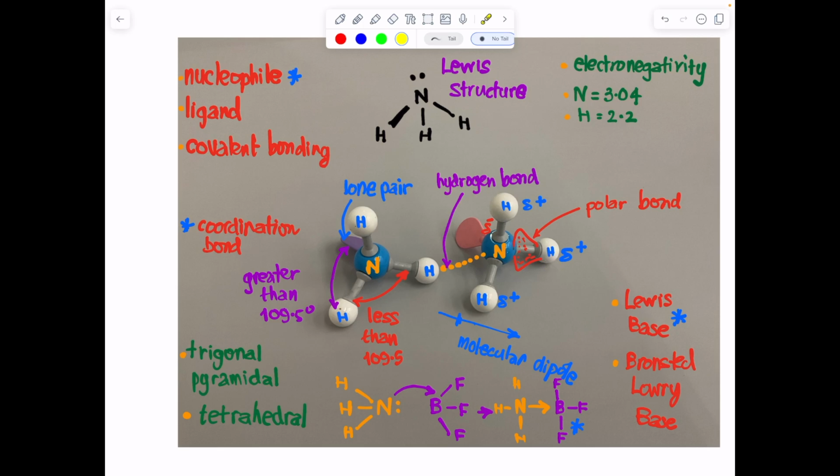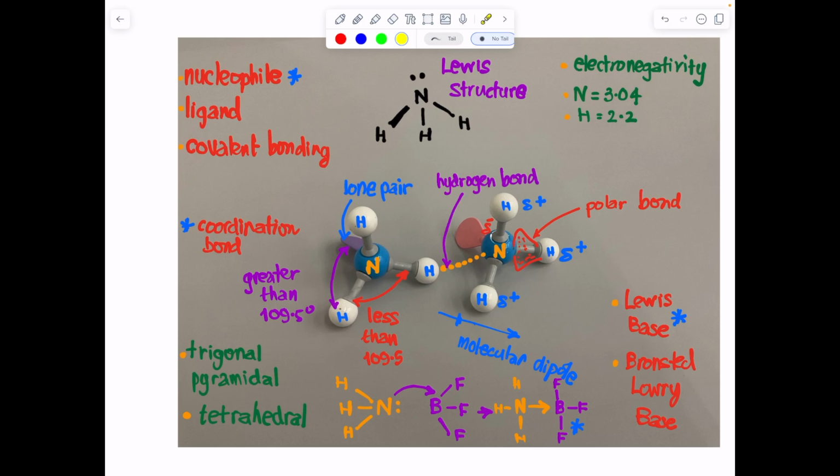This creates three polar bonds, but in addition to that, you have an overall molecular dipole which goes in this direction. This makes the ammonia molecule a polar molecule, and because it's a polar molecule, this negative side can bond here with this intermolecular force.